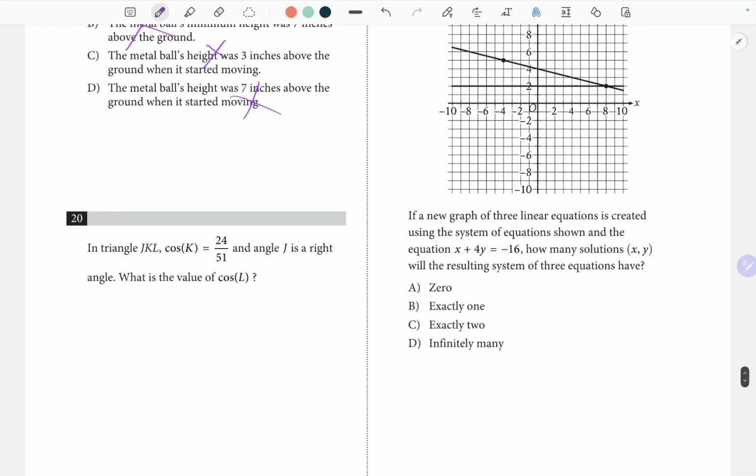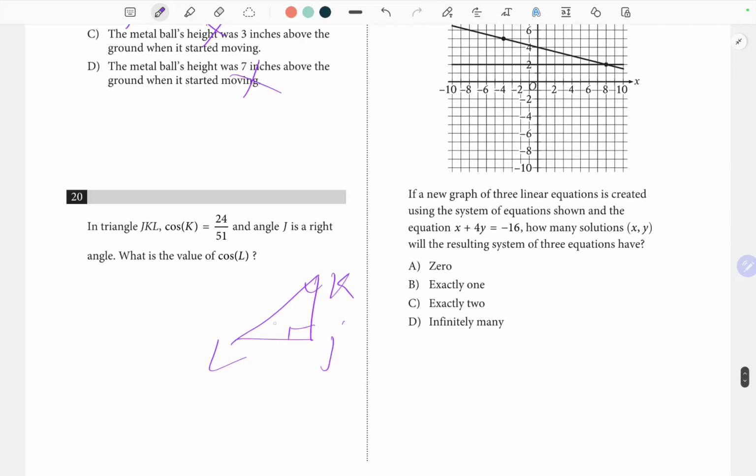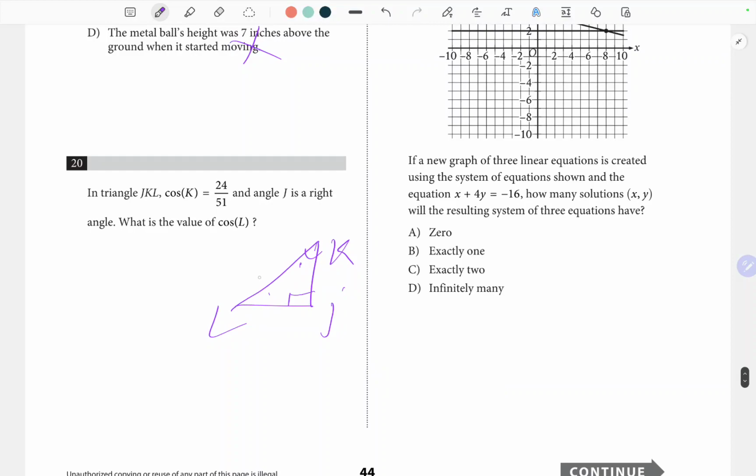In the triangle JKL, cos K, angle J is the right angle. First of all, we have to draw a right angle triangle, and angle J is the right one. Okay, so JKL, cos K is given to us. We have to find cos L. So sum of these two is 90 degrees, so we have to find this angle first of all.